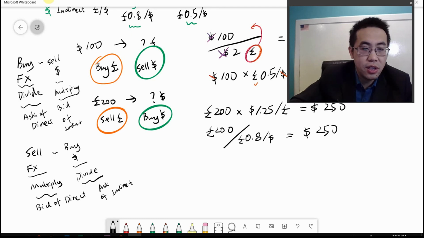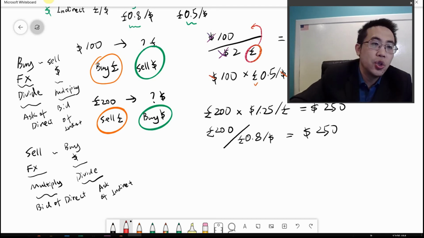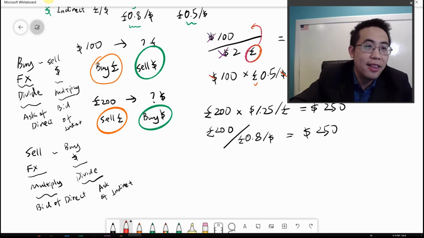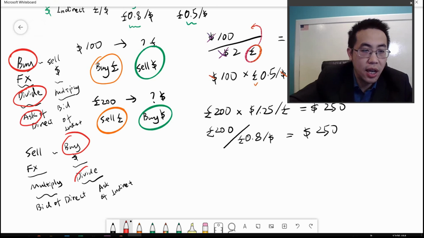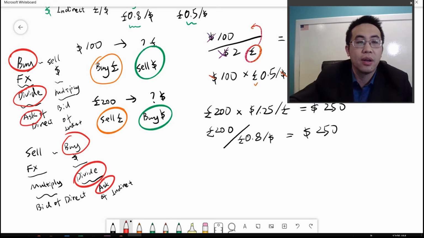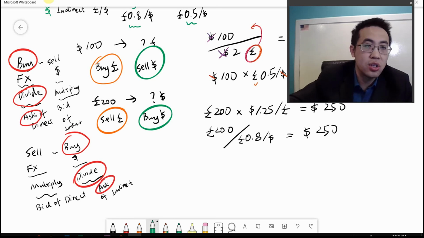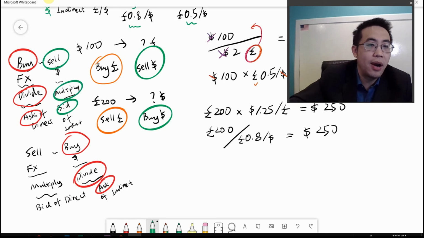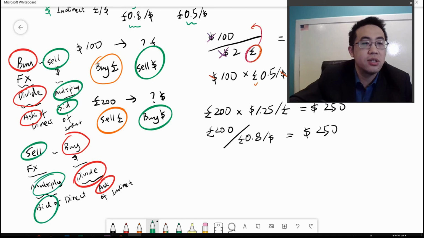From this writing, you should know that if you are buying things, you should divide the ask price. And if you are selling things, you should multiply the bid price.